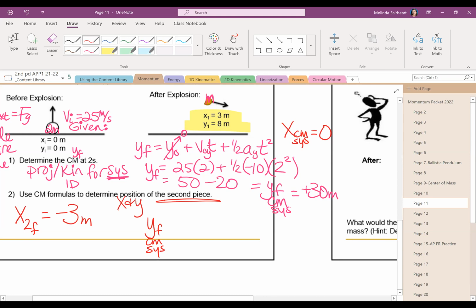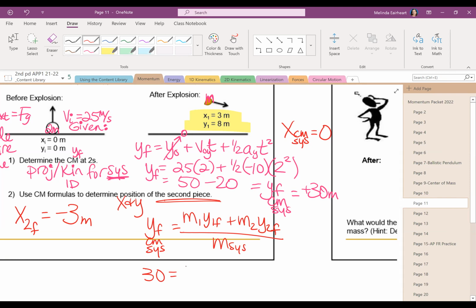So our system center of mass final vertical position equals M1Y1 final plus M2Y2 final all over system mass. Well, we just found the final for the system should be 30, equals, I don't know the mass, but I went with 2M and then M and M, so I'm going to use M.